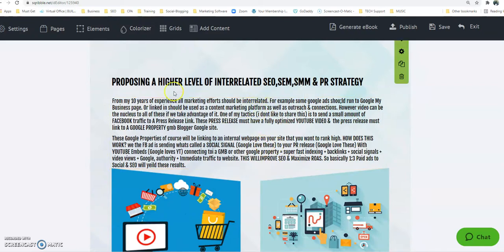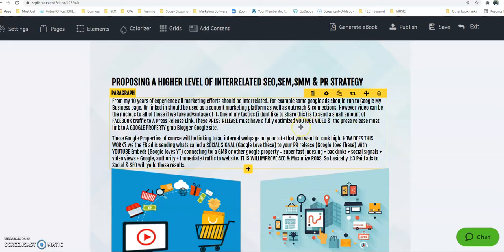Yeah, this is very important for me. The higher level of interrelated SEO, SEM. I do have a brief outline of one of the methods that I use. I do SEO from a holistic point. I mean, SEO should also enhance my PPC.